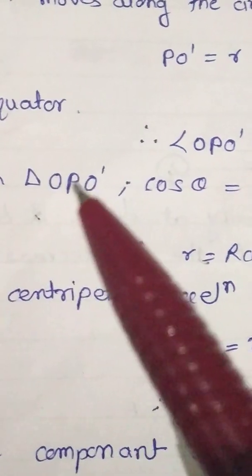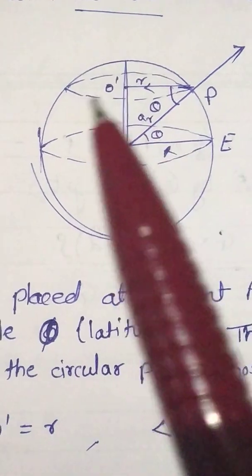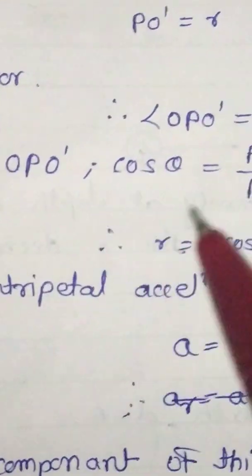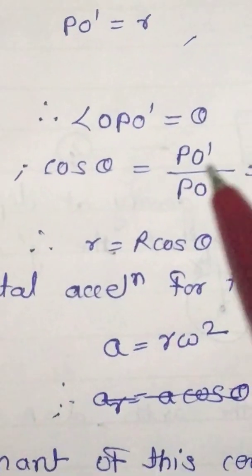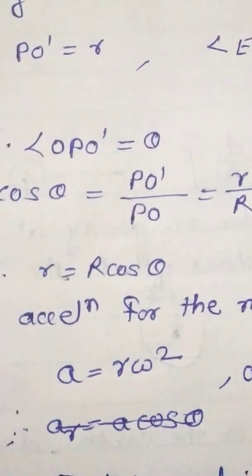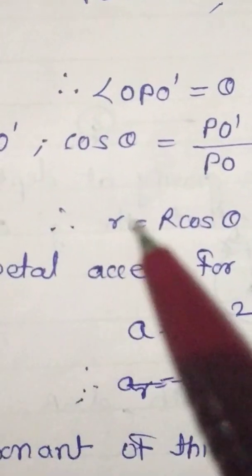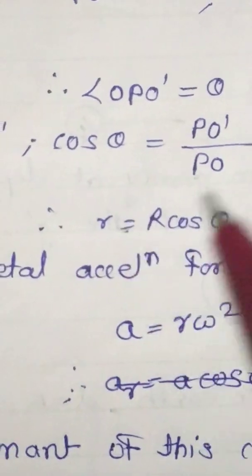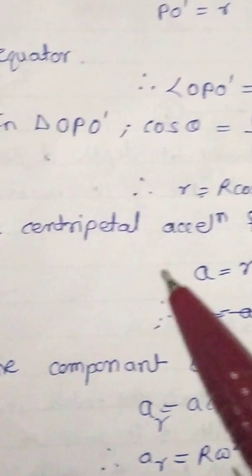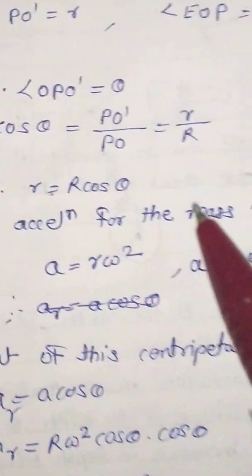So in triangle OPO dash, cos theta is equal to PO dash upon PO, which is small r upon capital R. So we get small r is equal to capital R cos theta.